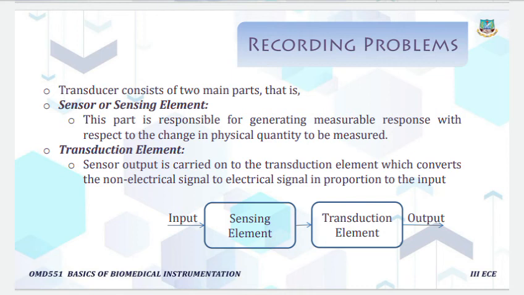Here we get the measurable response for the values we are going to measure. We know it converts this ionic voltage into electronic voltage. That is sensed by the sensing element.